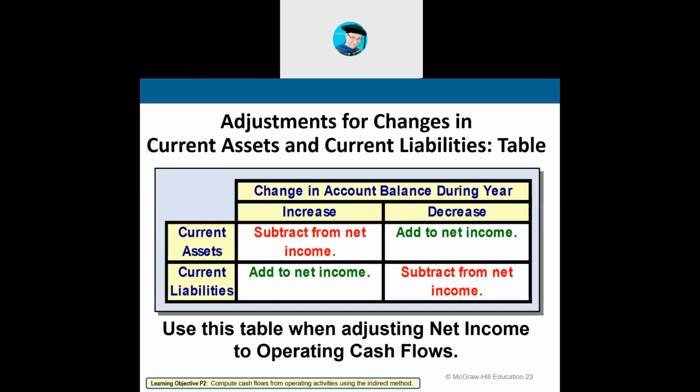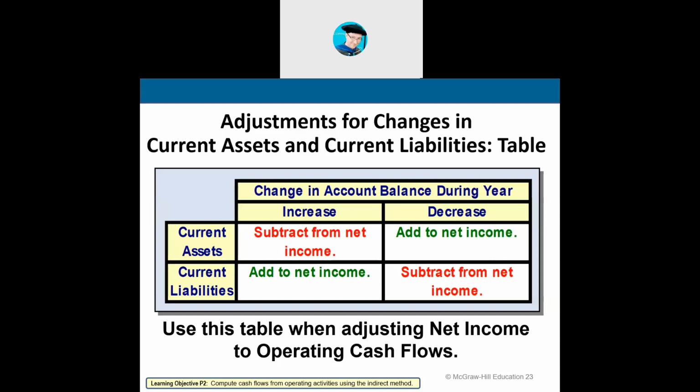And then, of course, the adjustments that we made on the indirect method also correlate with current assets and current liabilities. With current assets, we subtract from net income if it's increasing. If our current assets are decreasing, we add it to net income.